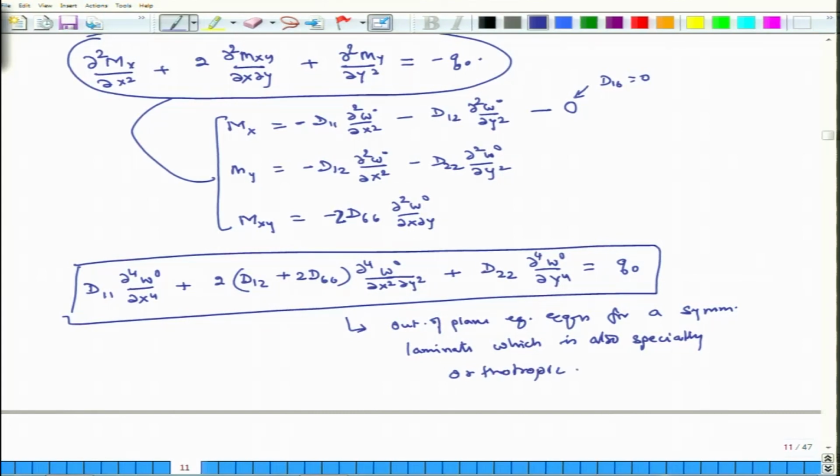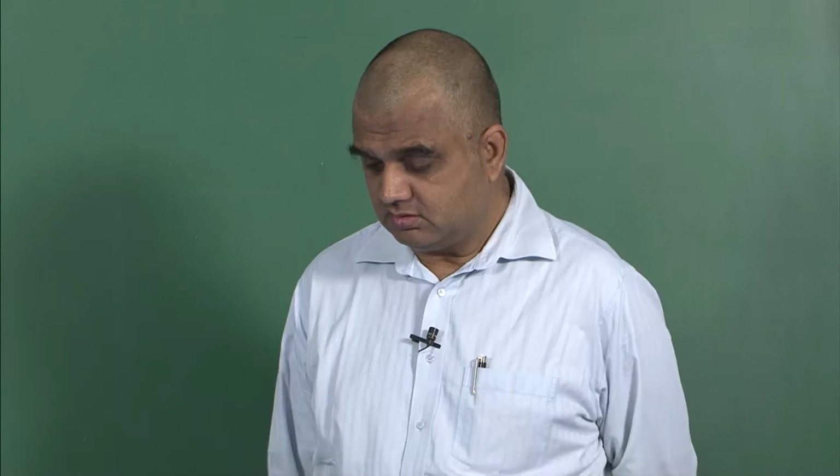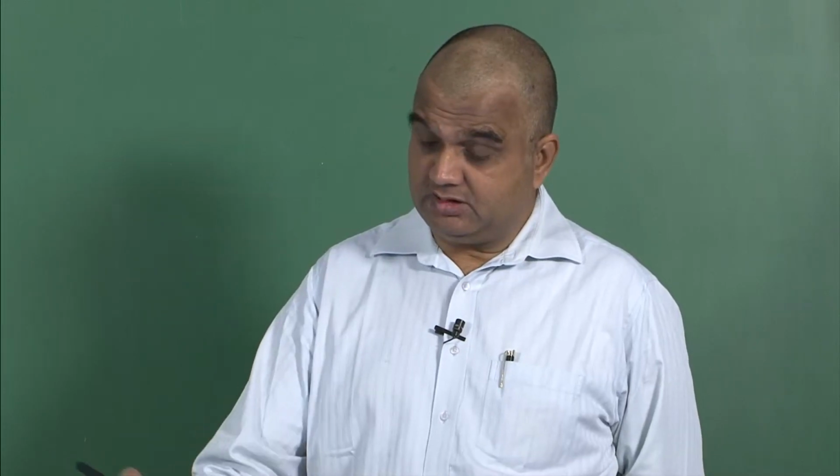If there is any plate, whatever shape it is, it will be governed by this particular equation if the plate is symmetric in lamination sequence and it is also especially orthotropic. It can be rectangular or non-rectangular, and q could be a variable or constant. In this case, q is q naught, which is constant, uniformly distributed, but does not have to be. This is a very general equation.